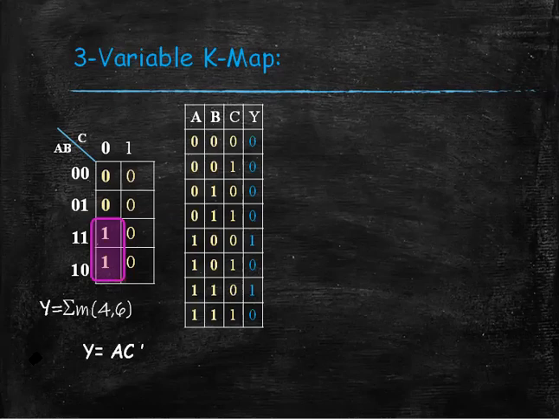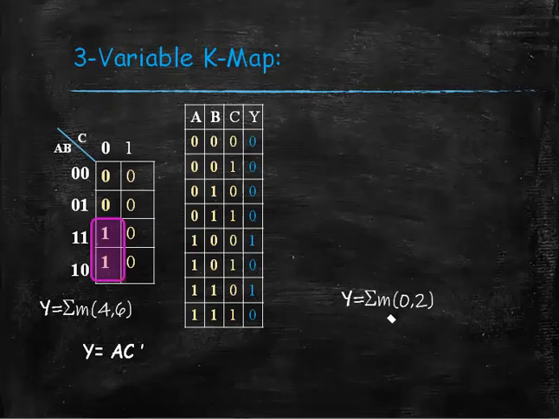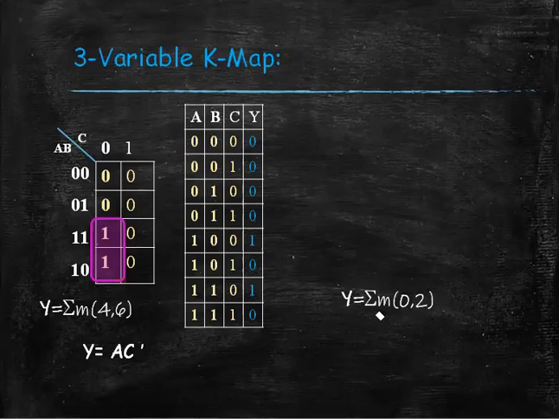Next question. Here the SOP is given. What does it mean? It means that the output is high for decimal 0 and decimal 2.